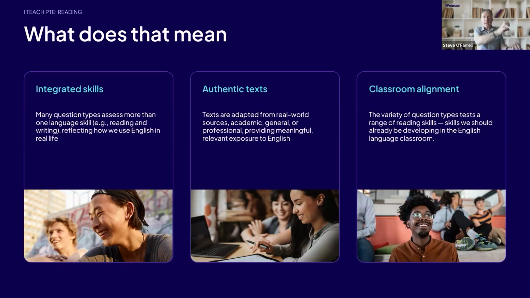So whether those are academic sources for PTE Academic or general or professional for PTE Core, it's kind of got that classroom alignment because many of the sub-skills required are academic sub-skills, regardless of which test people take. They need a certain set of academic skills in order to be able to perform to the best of their ability.